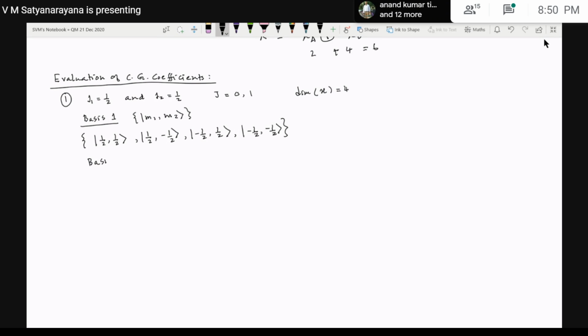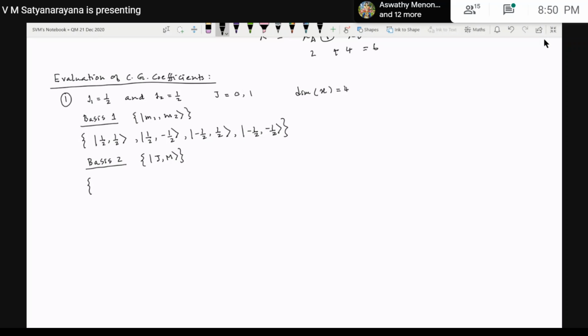So basis 2. I am going to represent it with only capital J and capital M, because J1 and J2 are common. Now this basis should also have 4 states, because the dimension of H is 4.